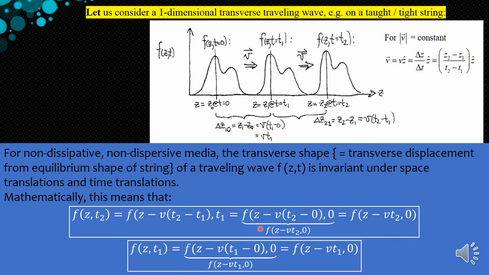If we want to check the displacement from f(z,t1), it is equal to f(z - v(t1 - 0), 0), which is equal to f(z - vt1, 0). So what do these equations mean? We have calculated the displacement from these 2 points, and these 2 points, which are here.